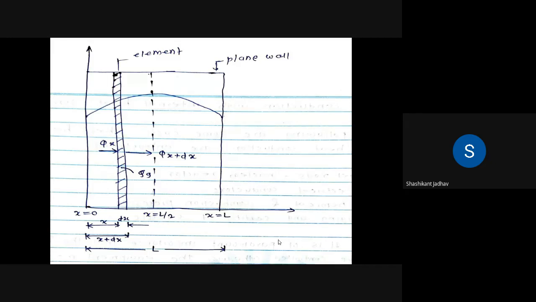Already we have derived the equation for Q when the internal heat generation is 0, but in this case we are considering Qg, because in that small element some amount of heat is generated within the element. So that factor we have to consider. Okay, so all of you draw this diagram. After completion of the diagram, put a message in the chat box so that I will proceed.